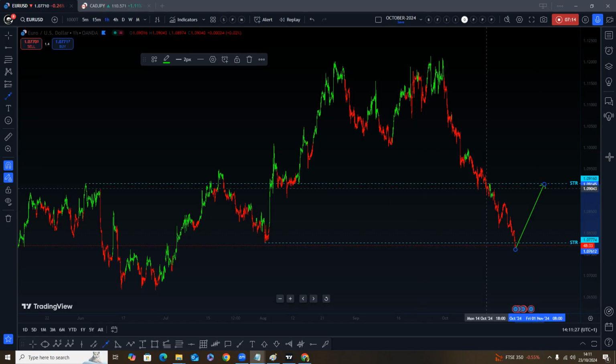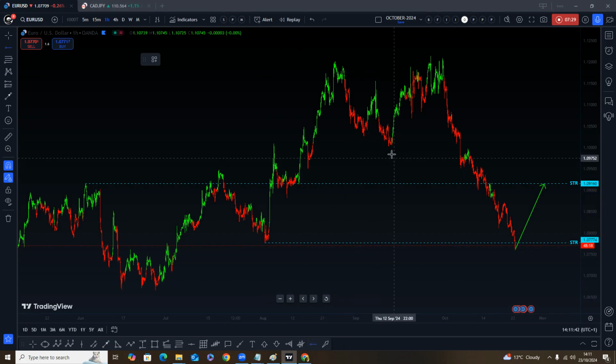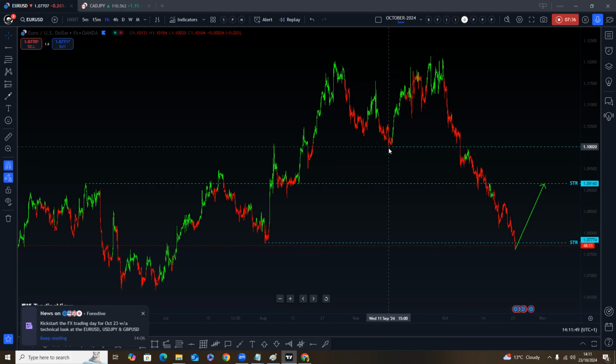Okay, we've seen the completion of the wave structure with this wave that has broken two structural points. That is participation. We basically have a directional move in the euro and the pound.